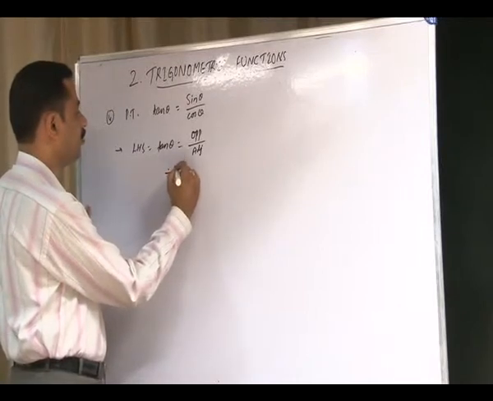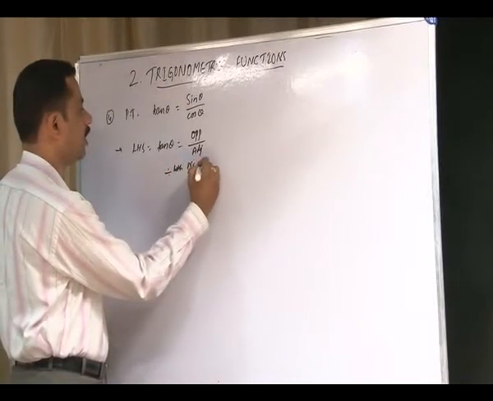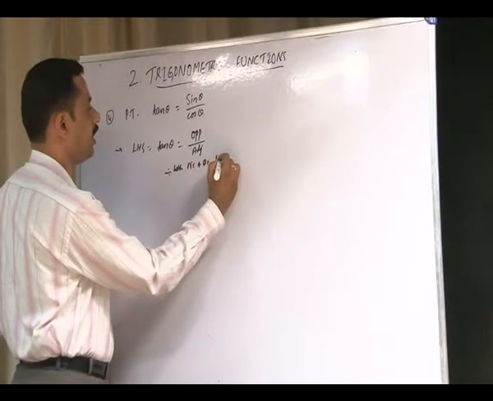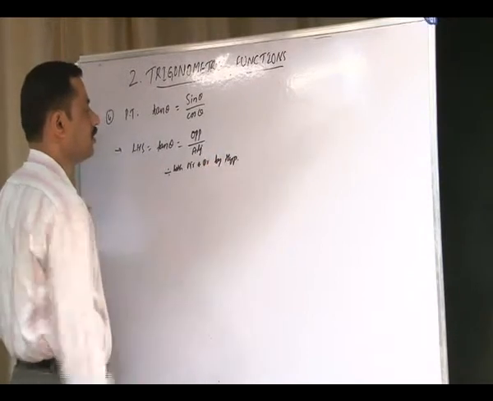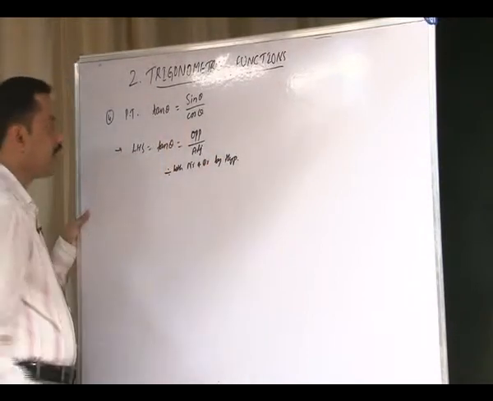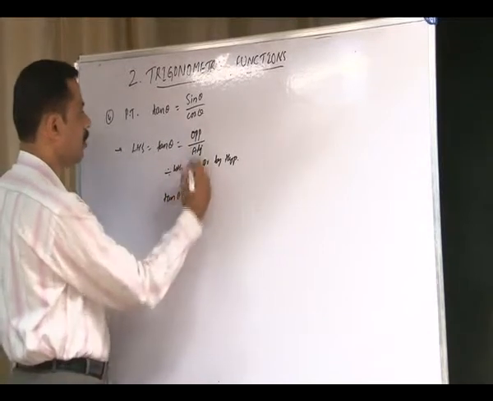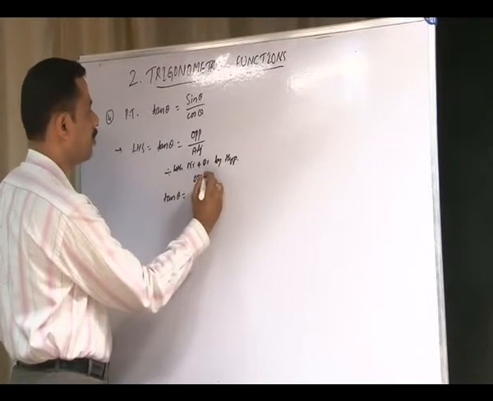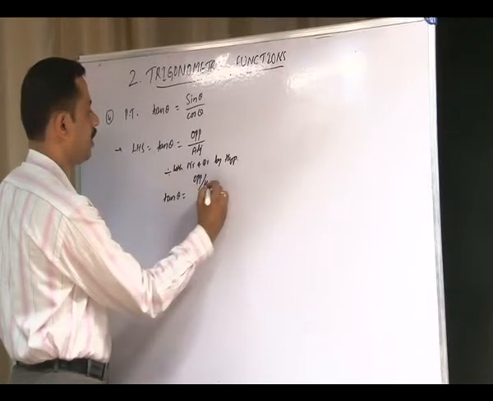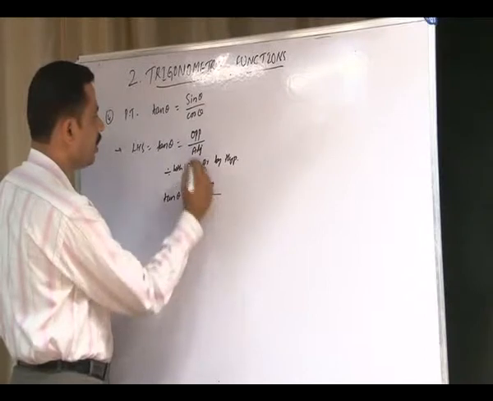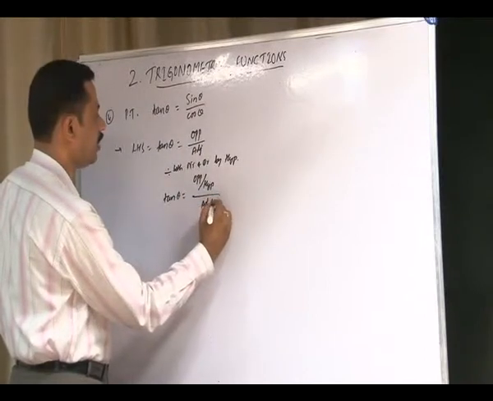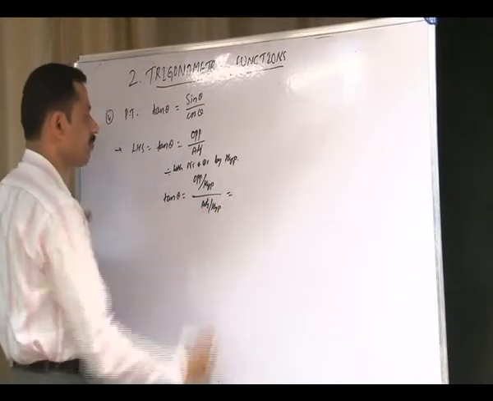So, we can write tan theta is equal to, in numerator opposite side divided by hypotenuse, divided by denominator adjacent side divided by hypotenuse.